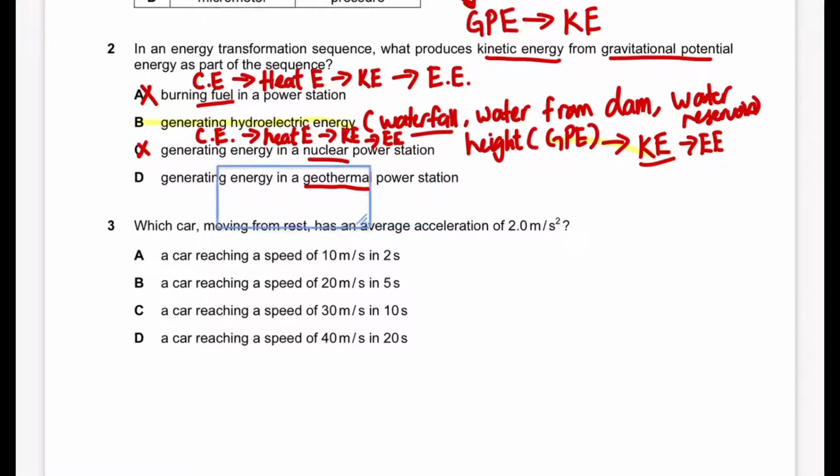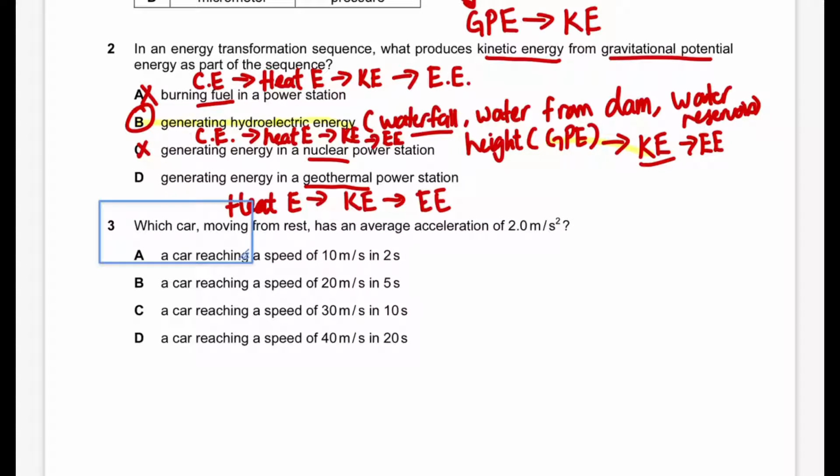So the energy conversion goes from heat energy to kinetic energy in the form of turning the turbine, then on to electrical energy, generating electricity in the generator. So therefore the answer in this question 2 is B.